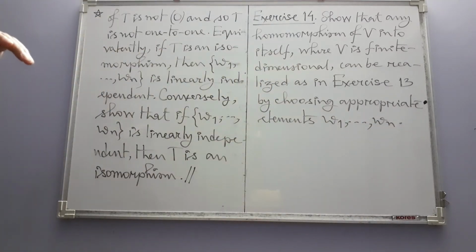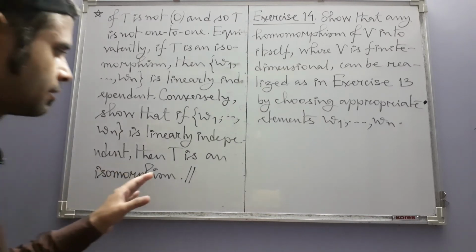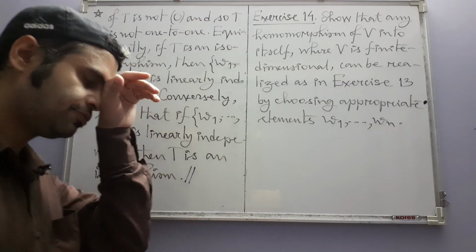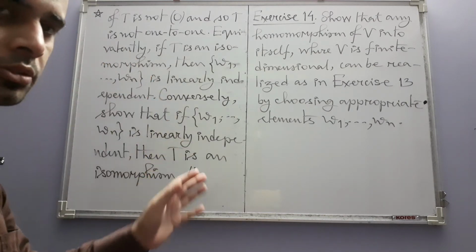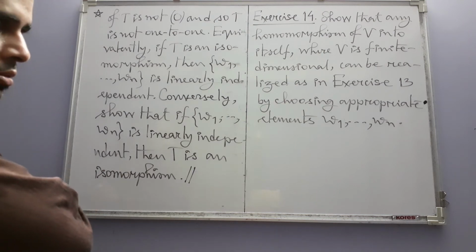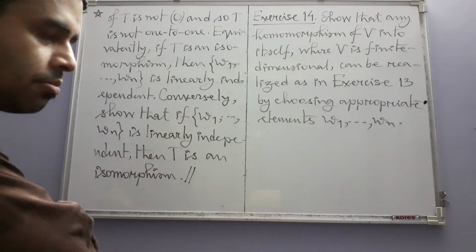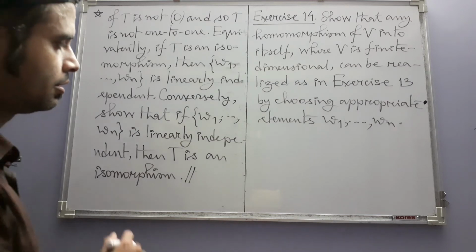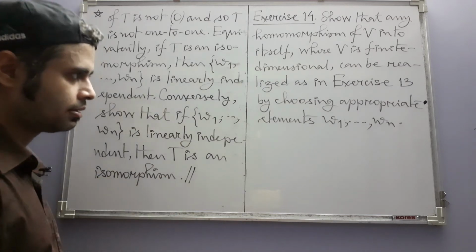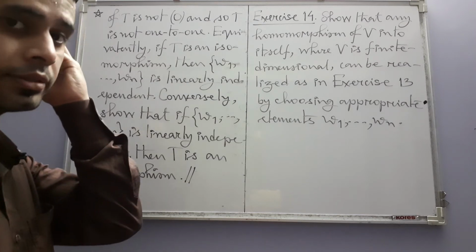So that means in the previous exercise what we showed is that if we have a finite dimensional vector space where the basis of course is there, and if we take any W-wise an equal number of any vectors in the vector space, then we can define a linear transformation like that.